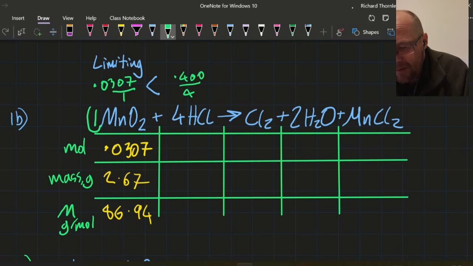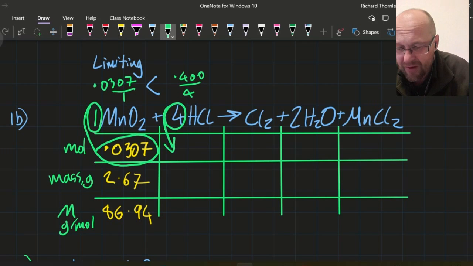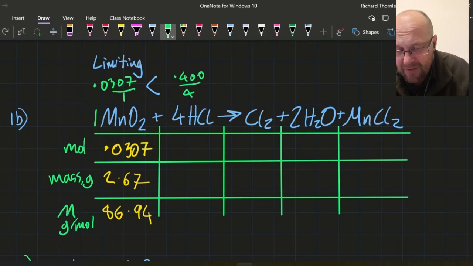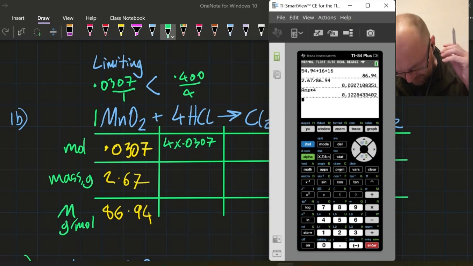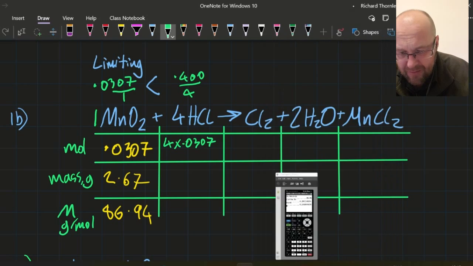So 1 is to 0.0307 as 4 is to x. So I have to solve for x. That's just going to be 4 times 0.0307, so 0.123.